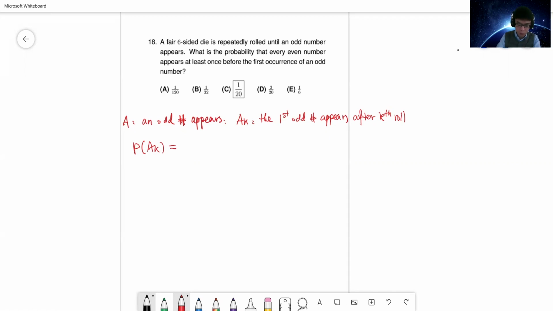That means for even numbers, the probability is (1/2)^(k-1). For the kth roll, it is also 1/2. This gives (1/2)^k.